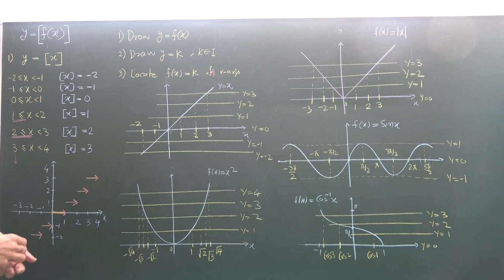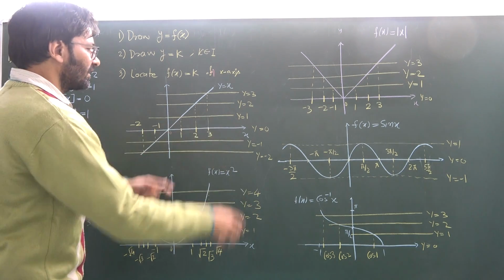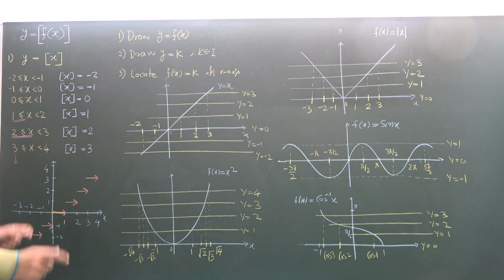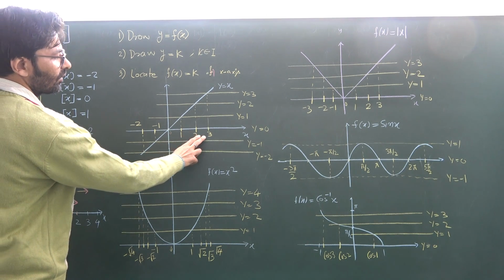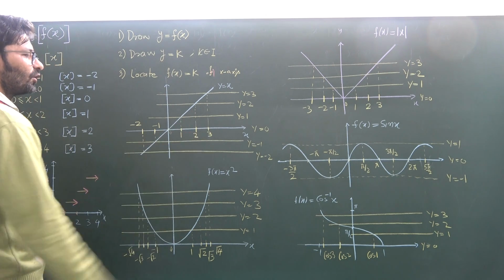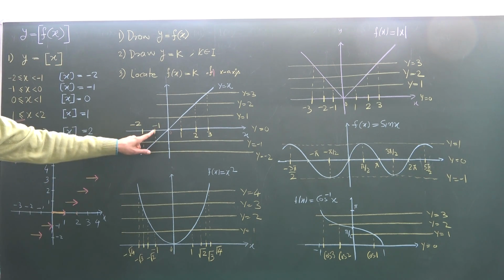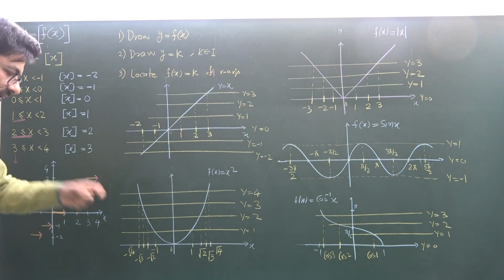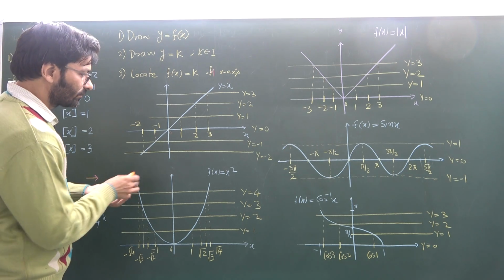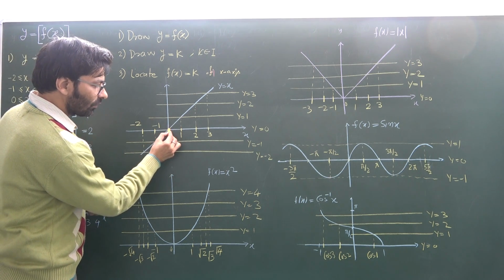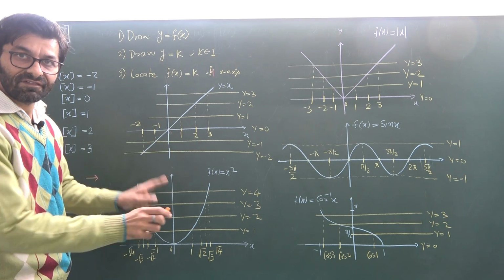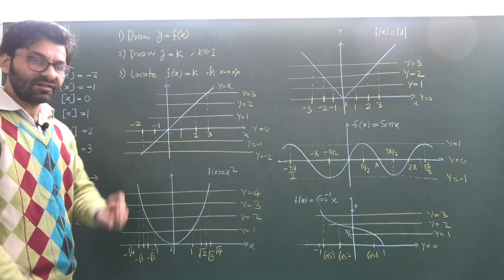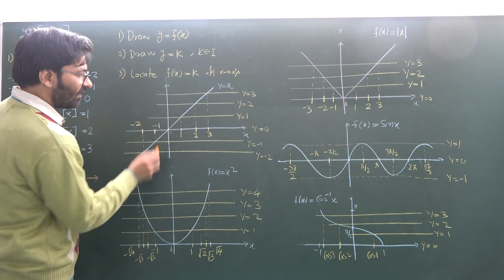Okay, so we have actually segregated our number line into different segments: between 0 to 1, 1 to 2, 2 to 3. These are different domains. Between 0 to -1, between -1 to -2. Okay, so when x is between 0 to 1, the y coordinate fluctuates between two constant values, y equals 0 and y equals 1.